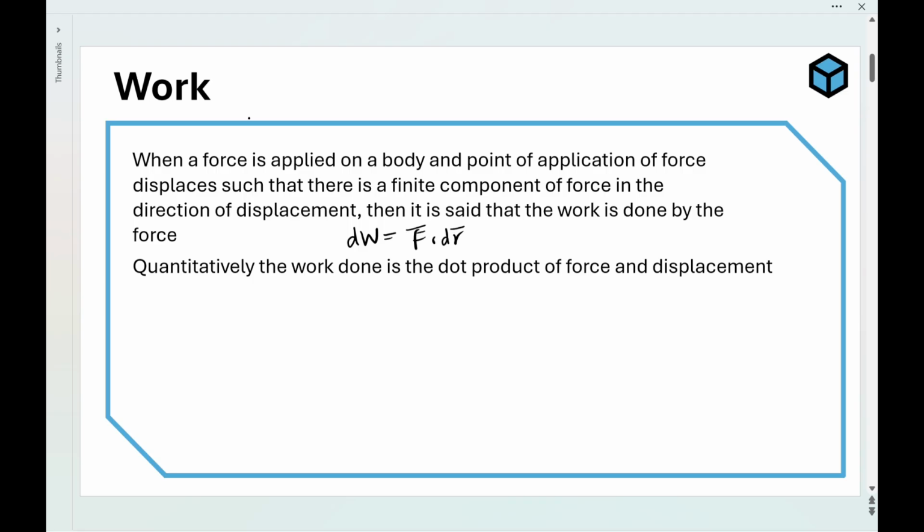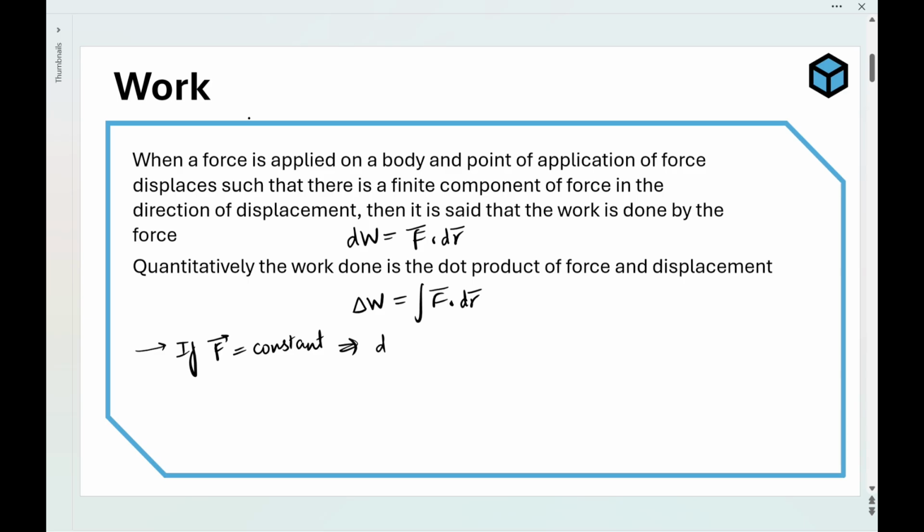Here dr bar is the small displacement, and F bar is the force. If we integrate on both sides, the work done will become the integration of F bar dot dr bar. Let's say our force F bar is constant in both direction and magnitude.